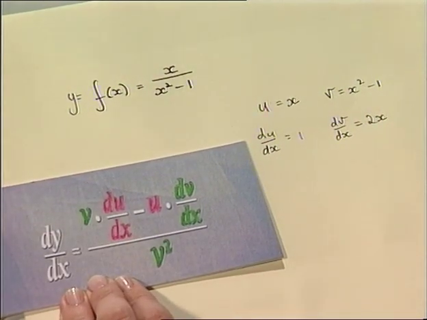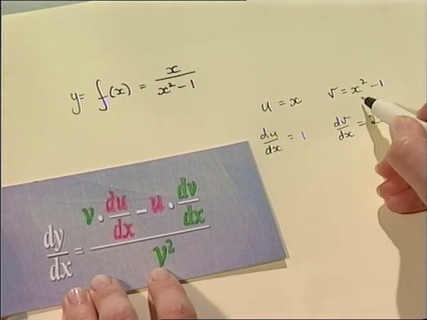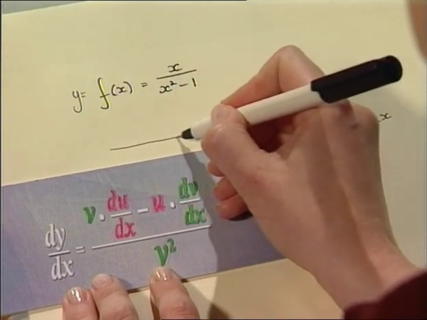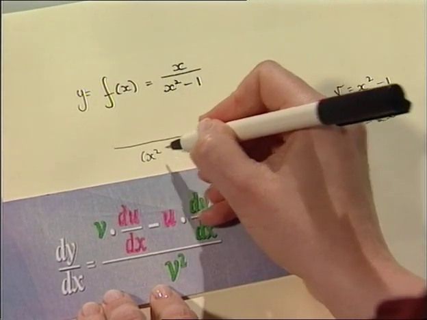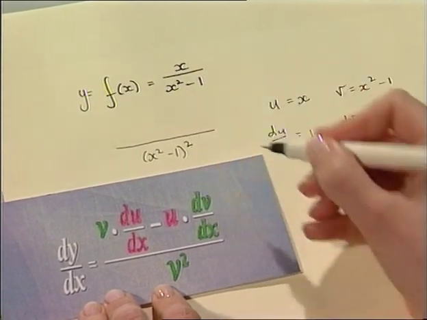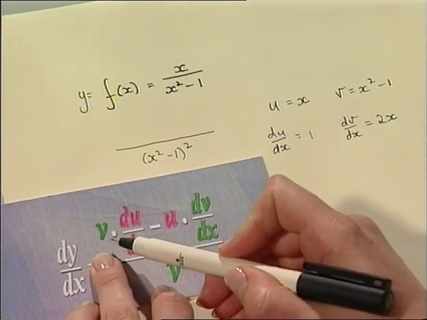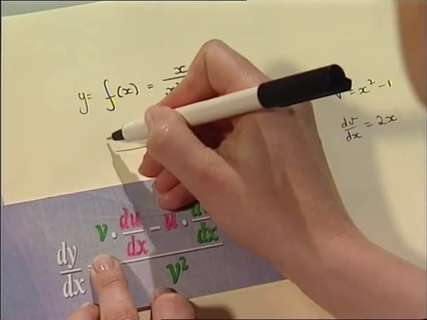So for my denominator, I want v squared, so that's going to be x squared minus 1 all squared. So I'll write that in. X squared minus 1 all squared. And for the numerator, the first term I need is v, so that's x squared minus 1.